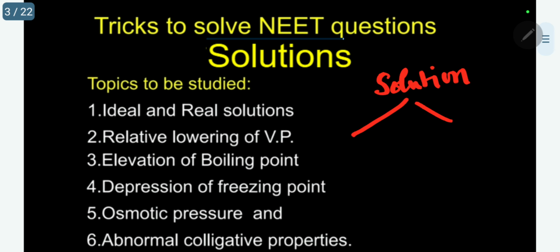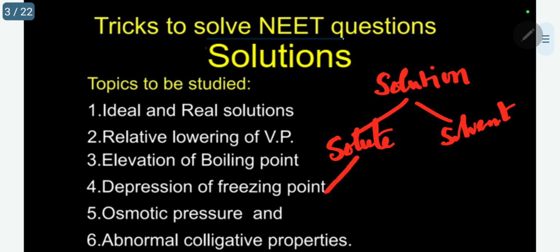A solution is a mixture of solute and solvent. Normally, the subscript 2 will be used for solute, and the subscript 1 for solvent. Solute may be a solid, a liquid, or a gas.